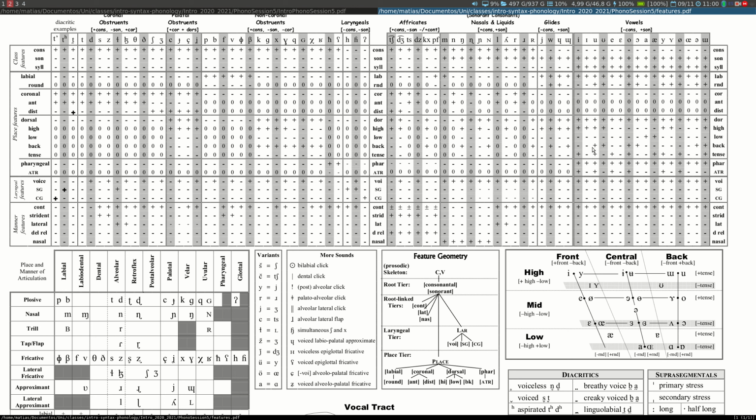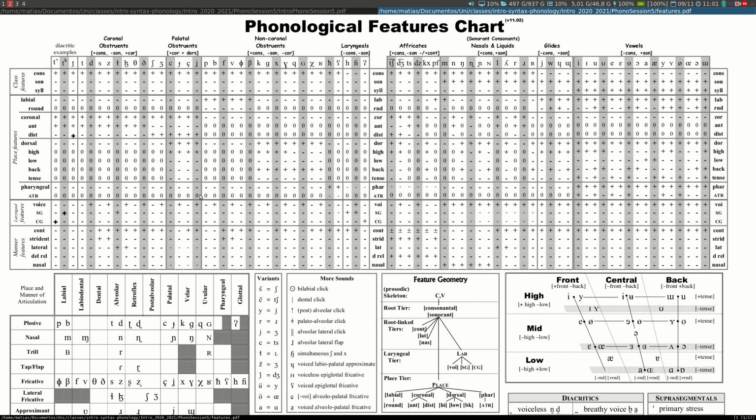Okay, good. My suggestion is download the table, take a look at it, try to understand different contrasts, and an exercise you can try to do at home, which will be part of the exam, is that we're going to give you a phoneme, for example a P, and ask you to find phonemes which are identical to P except for one feature, or except for two features, and you have to find them in the table.